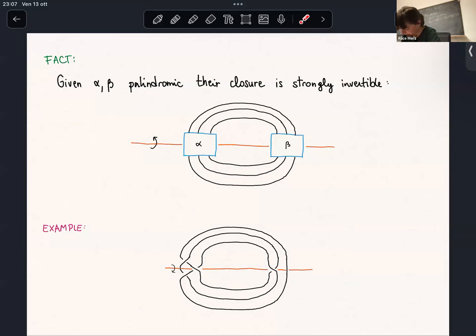So let's see here an example. Here I have a very simple braid, the one we saw before, and here I have another one. And now if I rotate 180 degrees, I obtain the same knot, and this is strongly invertible.